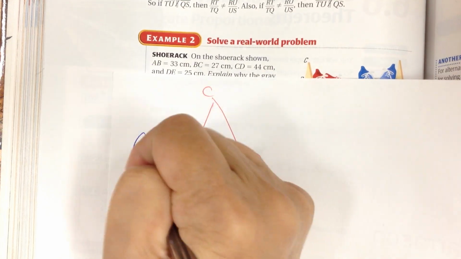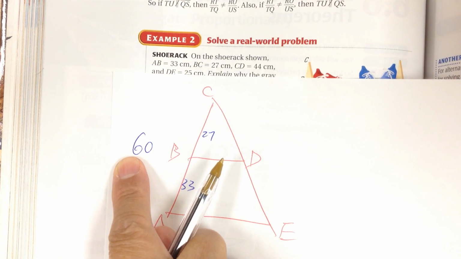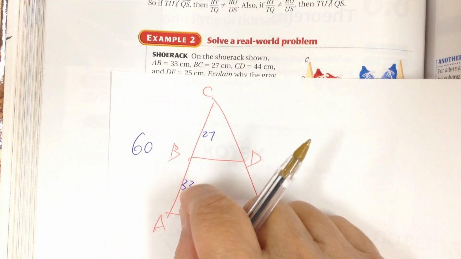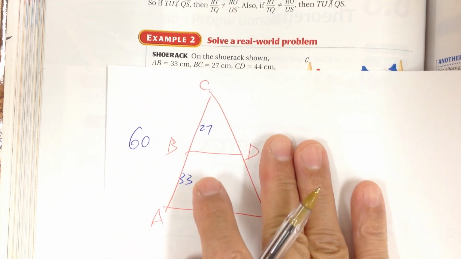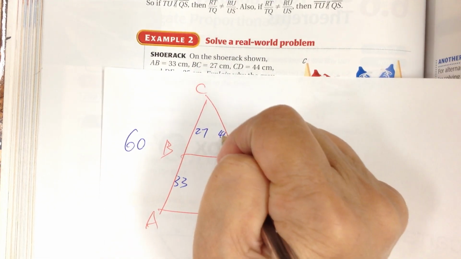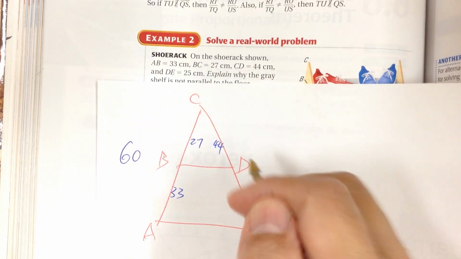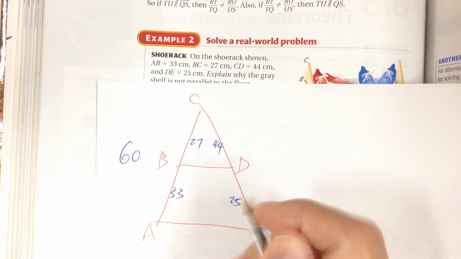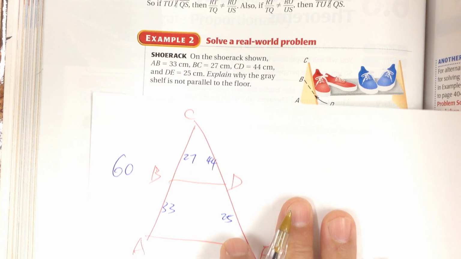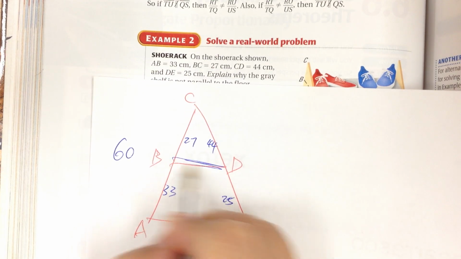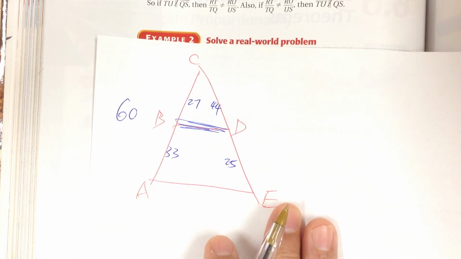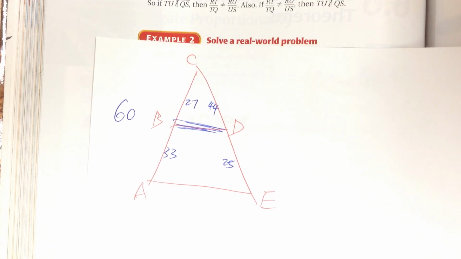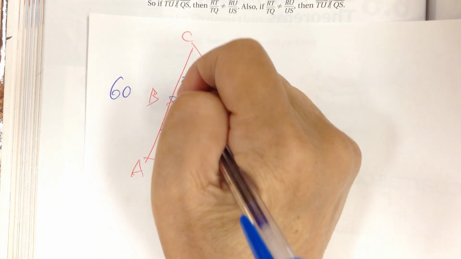So right away you know that this is 60. Again, the number on the outside is for the whole length, and the number on the inside is just for the partial length. And CD equal to 44 and DE equal to 25. Explain why the shelf is not parallel to the floor. So here's the shelf. Well, you can just do the ratio.